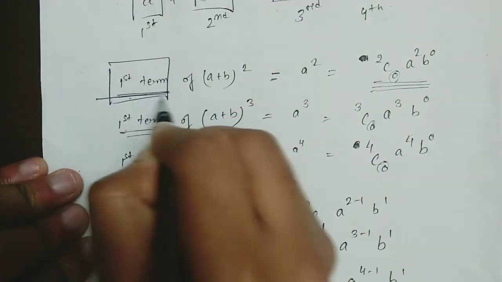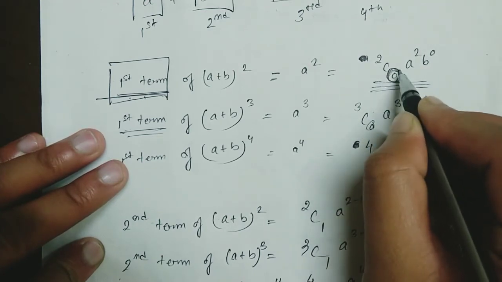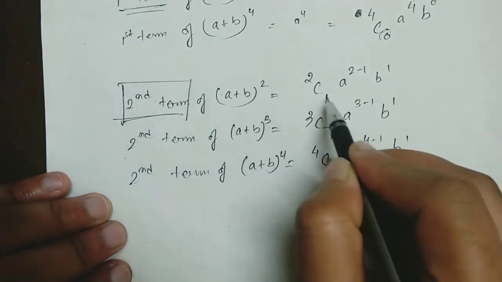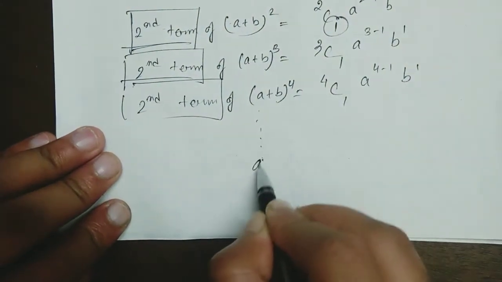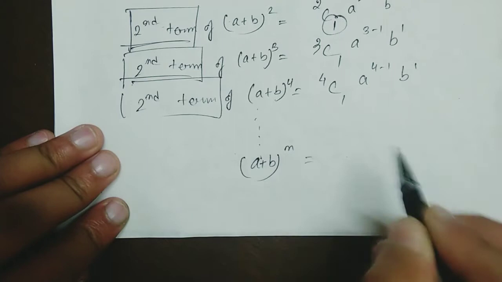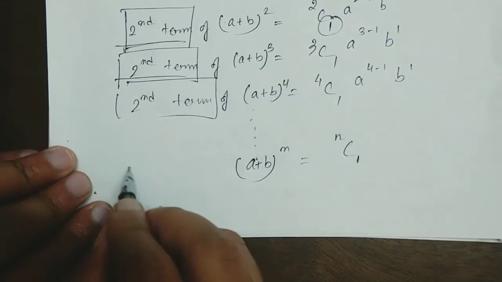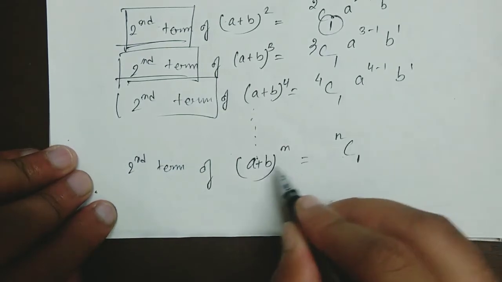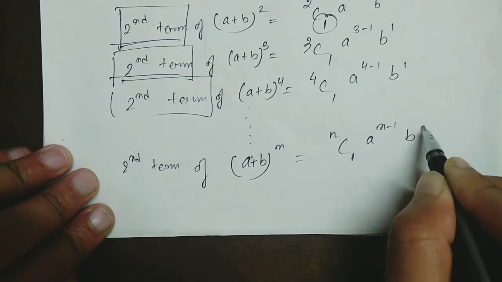এবার দেখো what I'm trying to show you is this. যদি আমার ফার্স্ট টার্ম আমি চাই তখন আমার 2c0 আসছে এই জায়গায়, ওকে ফার্স্ট টার্ম হলে 0, এবার সেকেন্ড টার্ম যেই আমি চাইছি তখন এটা 1 আসছে প্রত্যেকটার ক্ষেত্রে. সো দিস ইজ কমন টু অল. তো আমি যদি বলি সেম ইট গোজ ফর a প্লাস b হোল টু দি পাওয়ার n, তখন আমার nc1 হচ্ছে second term of a plus b to the power n would be a n minus 1 b 1.